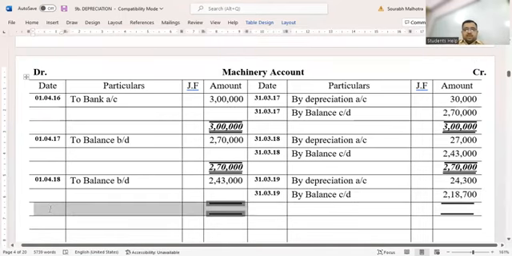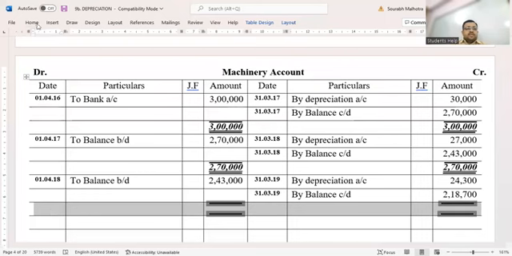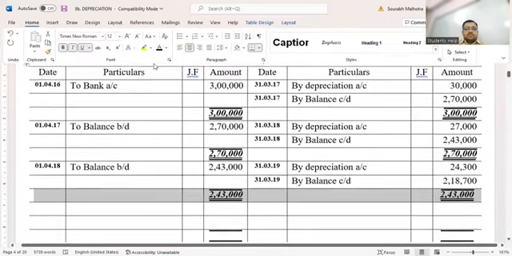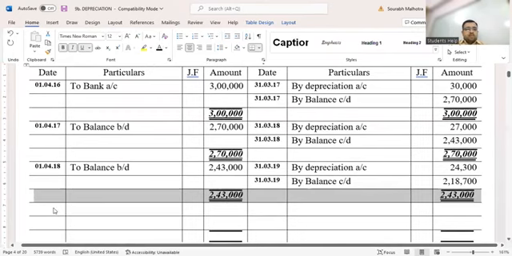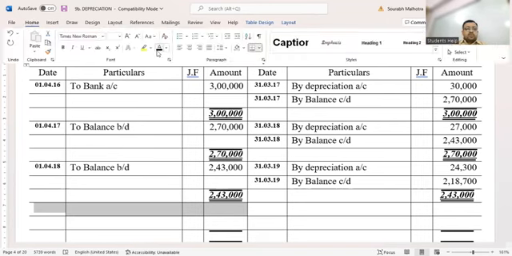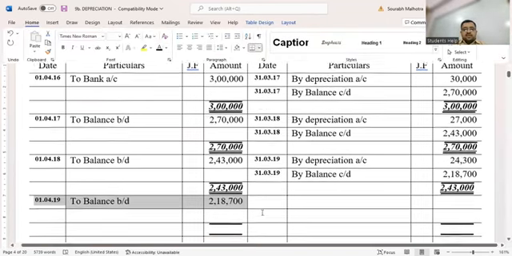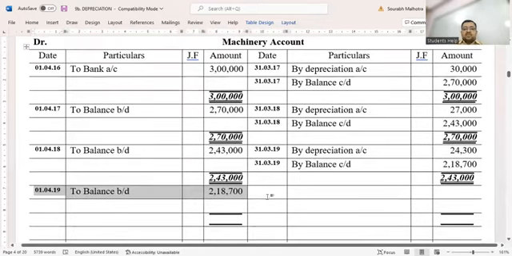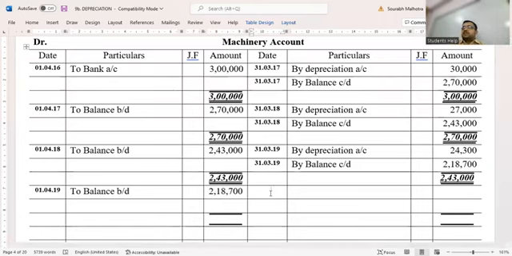So total would be 2,43,000 shown on both sides. Below the total on the debit side, we'll do what? To balance brought down. How much? 2,18,700. Now, children, again 10% will be calculated on what value? 3 lakhs, 270, 243 or something else. That was not even my option.